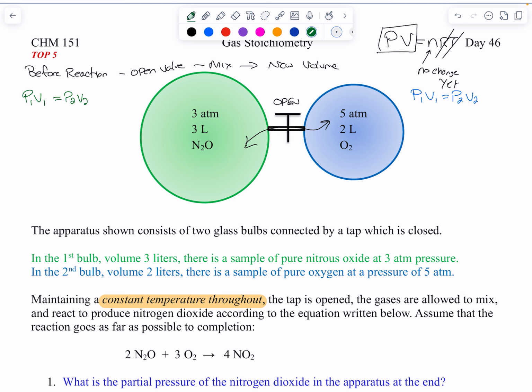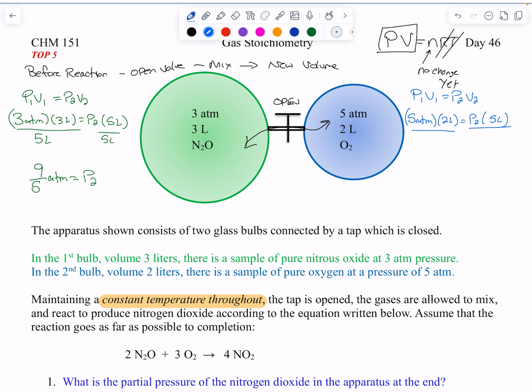All right, let's look at N2O first. I have 3 atmospheres. I have 3 liters. P2 times 3 liters and 2 liters is 5 liters. So divide both sides by the 5 liters. It looks like I got 9/5. For O2 here, I have 5 atmospheres, 2 liters, P2, and 5 liters.